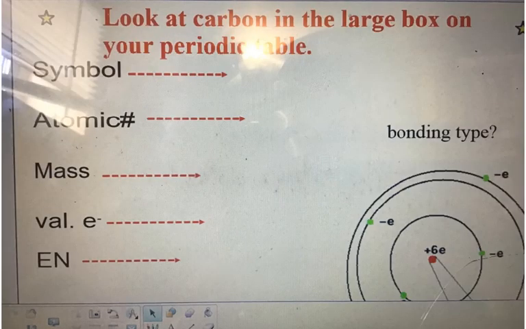Now, carbon on your reference table, you'll see it's the big C in the box right there. It has a number of properties, and I'm not going to fill in every last one. We know the symbol is C, and we want to look at the valence electrons. How many valence electrons does carbon have? It has 4 valence electrons.